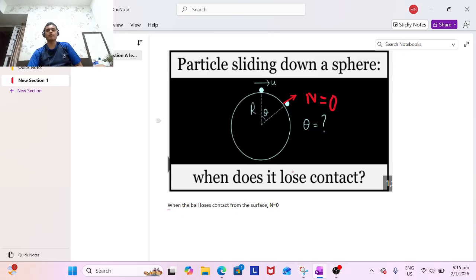So the normal contact force is basically zero, and that is when this ball loses contact.